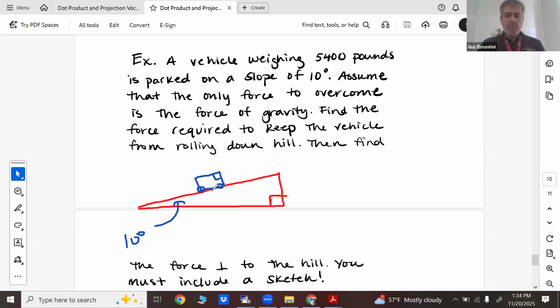So what that means is that's going to be the force. So what you want to do is break it down to its horizontal and vertical components.